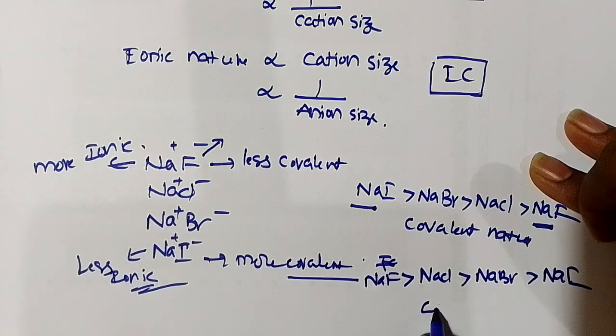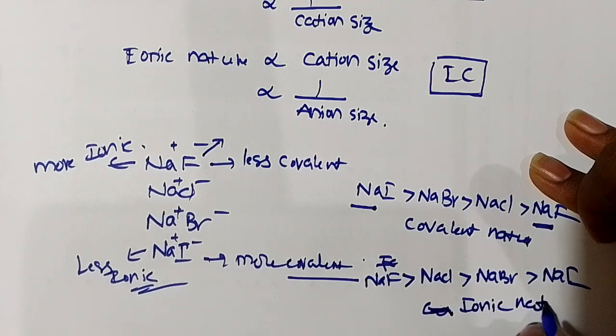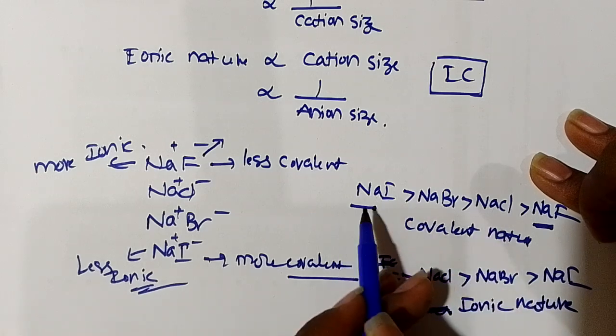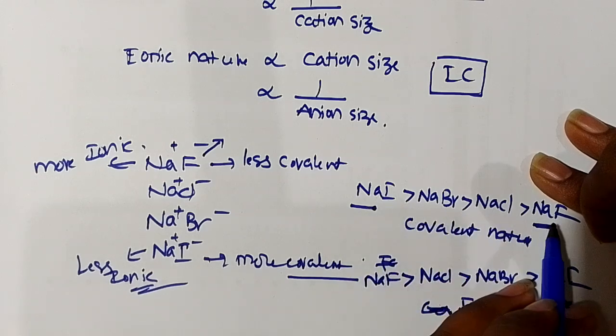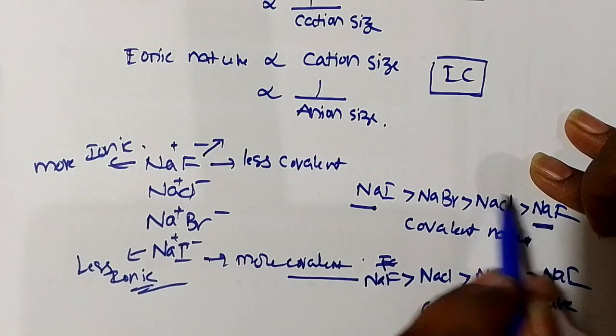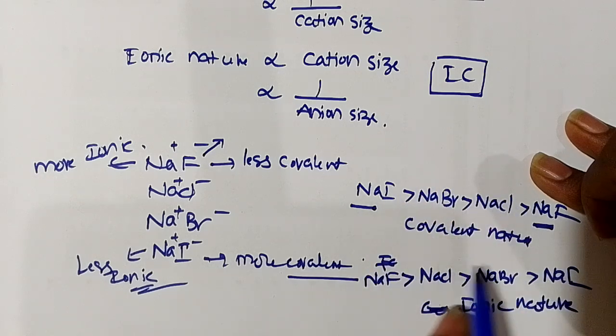So this is the covalent nature order, and this is the ionic nature order. Ionic nature is completely reversed to covalent nature. Covalent nature order: NaI, NaBr, NaCl, NaF. Ionic nature order is NaF, NaCl, NaBr, NaI. When it is reversed, we get the ionic nature order.